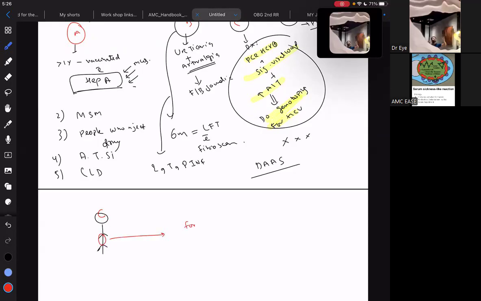For the first 18 months, don't do any investigation, because this neonate will have hepatitis C antibodies from the mother. But after 18 months, do investigations. Check the status of hepatitis C.